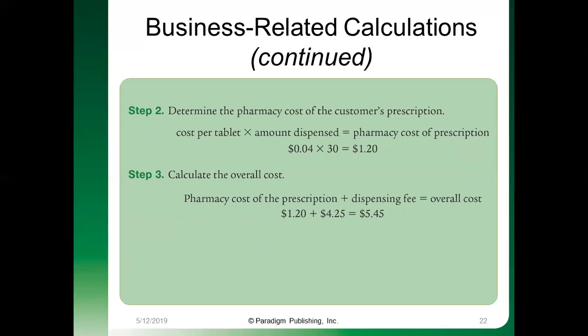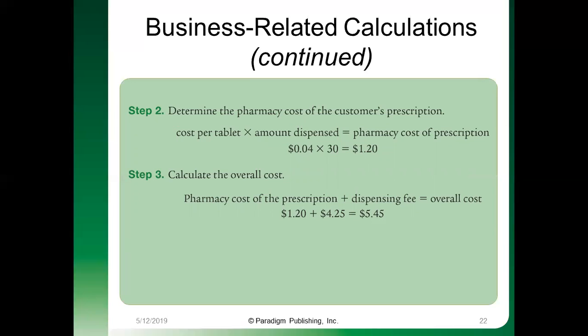Now calculate the overall cost. Remember, it's all the amount of money that was spent out of pocket, how much it cost us out of pocket. So we have the cost of the prescription, which was $1.20, plus the dispensing fee, which is $4.25.